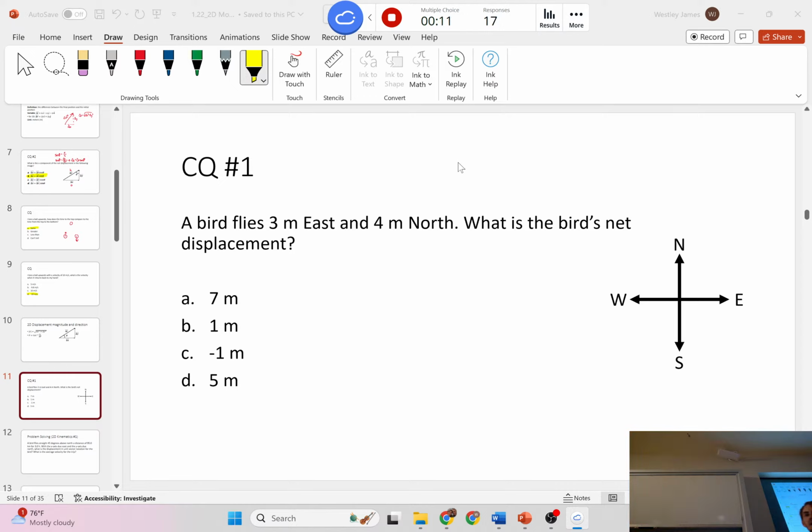It's convenient because left is kind of subjective depending on which way you're facing. East is always east. West is always west. North is always north. So east is always kind of based on this, where if I said to the right, it could then change depending on your perspective. So 3 meters east, 4 meters north.